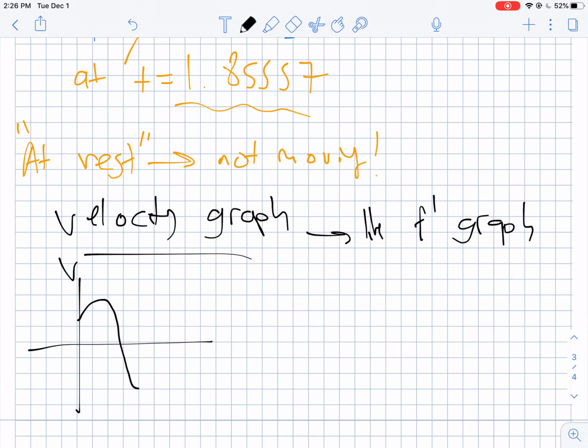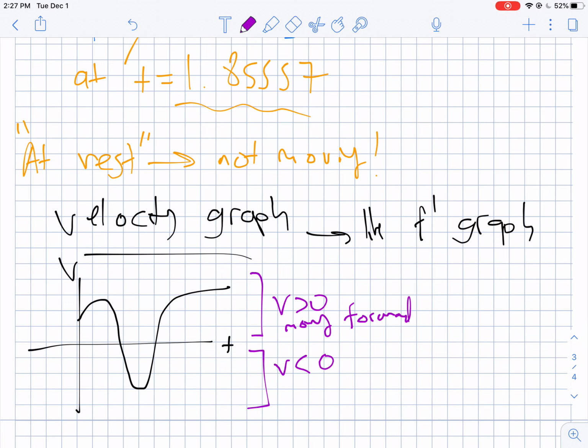So this is a graph of velocity with respect to time. Now, when you're above the axis, that means your velocity is positive. So you're moving in the forward direction, whether that's right or up or whatever, doesn't matter. When we're below the axis, that means your velocity is negative, so you're moving backwards.